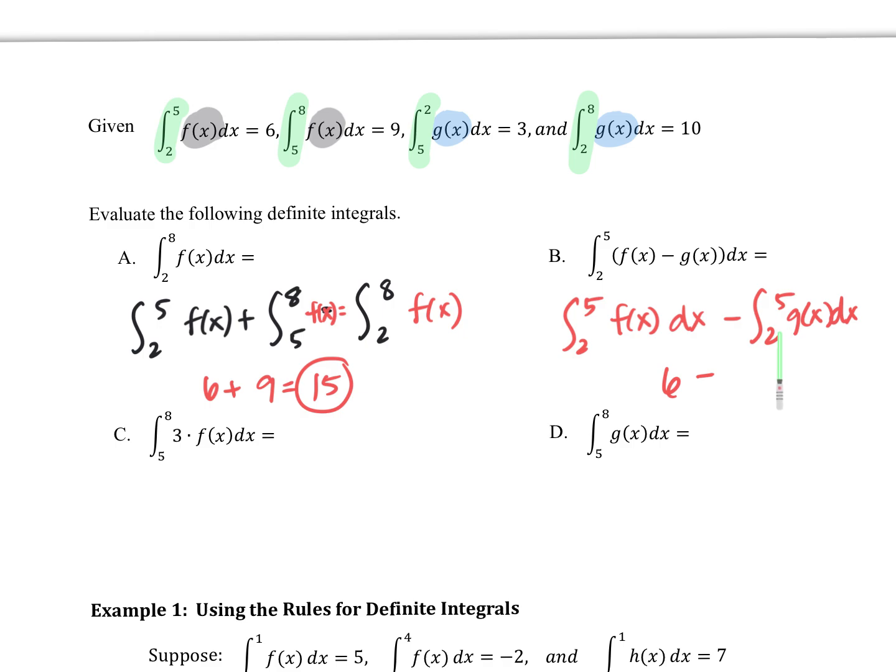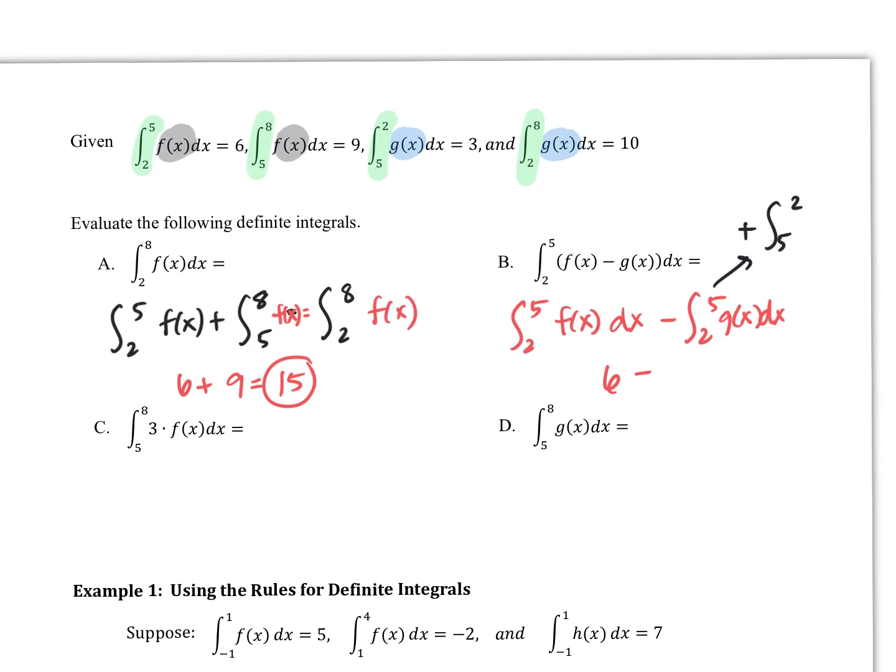Minus, do we know what 2 to 5 is of G? Because it's negative and we're putting that sign in, that means that we can flip them. So wouldn't that be equivalent to plus 5 to 2? Now, we got to flip the bounds.